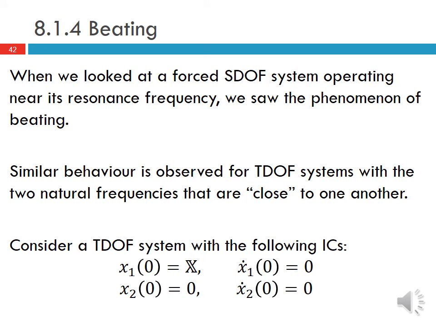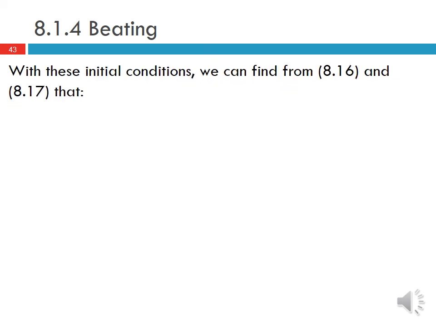We're just displacing one of the masses with some initial amplitude x. The other mass is not being displaced, and both coordinates have a zero initial velocity. With these initial conditions, we can find that our constants, A is equal to 0, B is x over 2, C is 0, and D is x over 2.